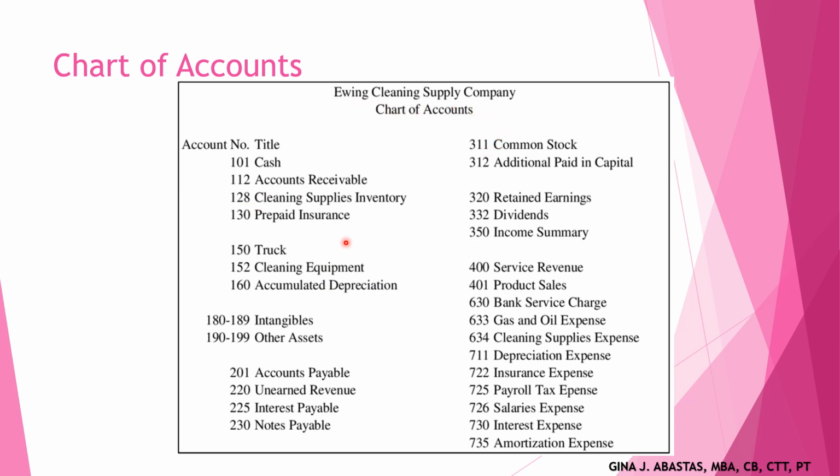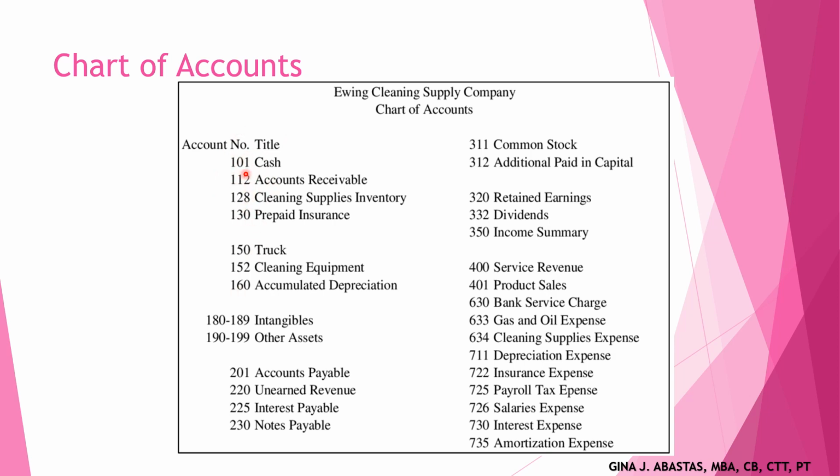So companies in different lines of business will have different looking charts of accounts. So the charts of accounts should give anyone who is looking at it a rough idea of the nature of your business by listing all of the accounts involved in your company's day-to-day operations, just like this one. So if your business involves cash, accounts receivable, cleaning supplies, prepaid expense, and you also have account number for it.